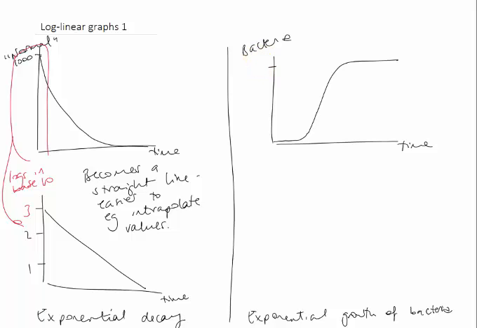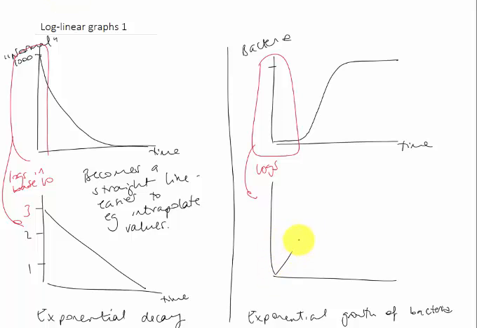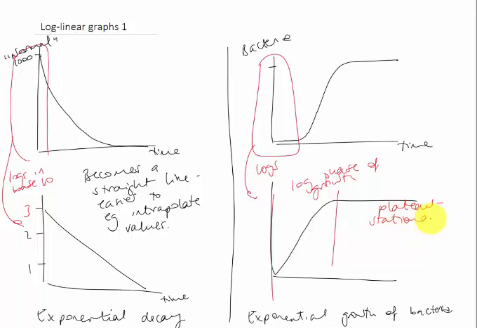So if we transform that into logarithms, then you'd get a graph that looks something like this. Then it's easier to see that this is the logarithmic phase of growth, and this is the plateau, stationary phase.